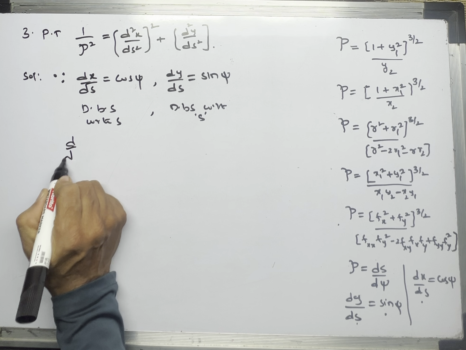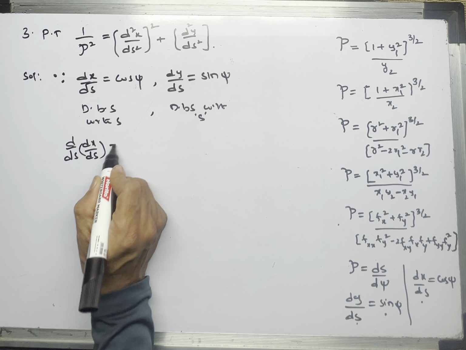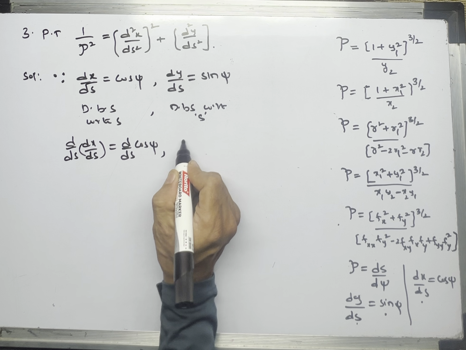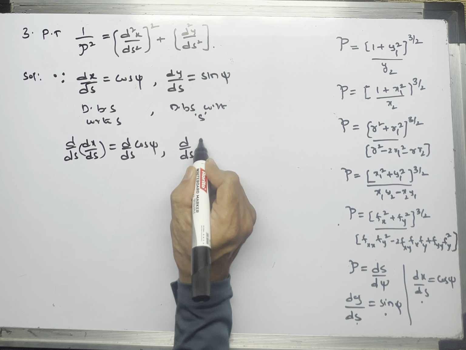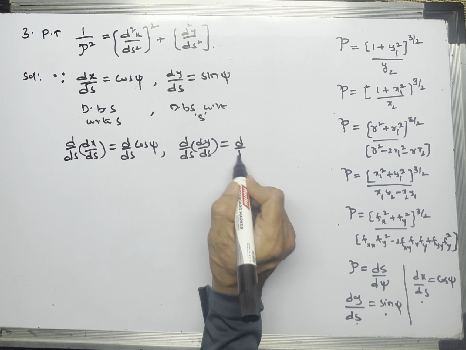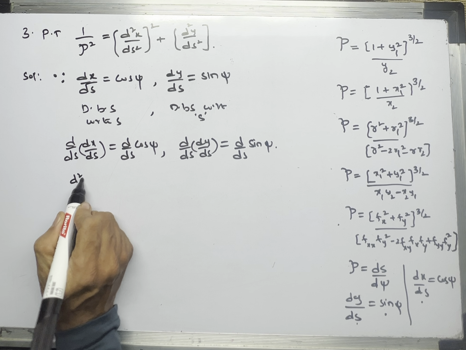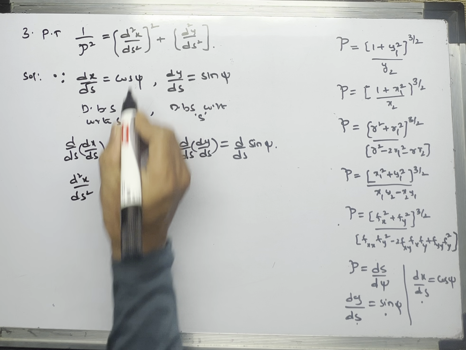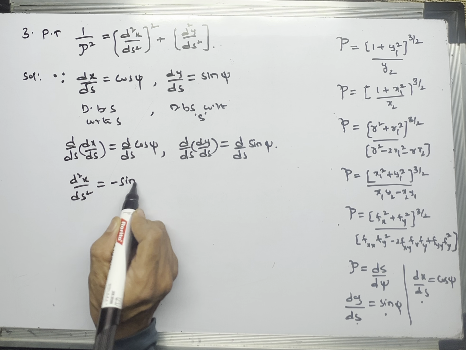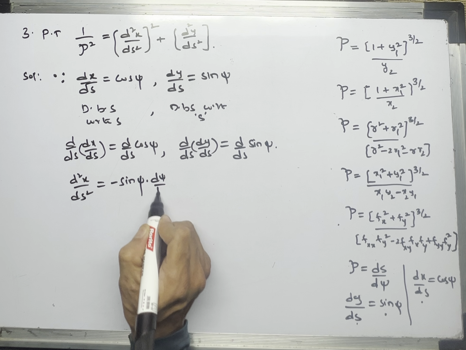So d by ds of dx by ds is equal to d by ds of cos psi. Same thing, d by ds of dy by ds is equal to d by ds of sin psi. This is d square x by ds square, as we needed here. The derivative of cos is minus sin, into the inner function derivative d psi by ds.